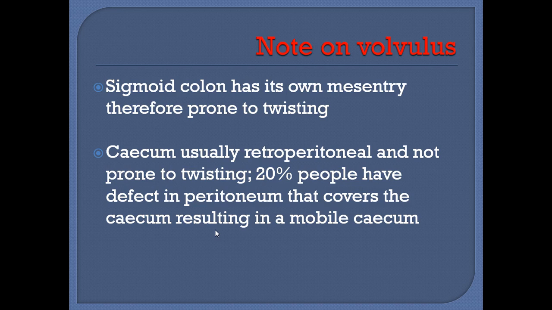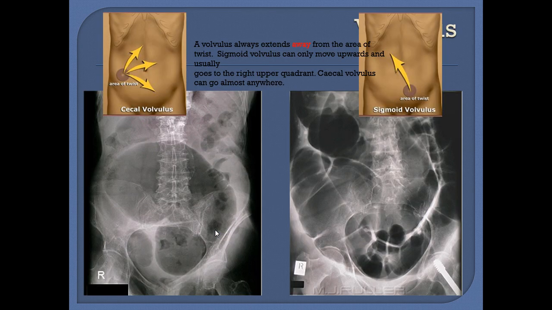The cecum is usually retroperitoneal and not prone to twisting, but 20% of people have a defect in the peritoneum that covers the cecum, resulting in a mobile cecum. So we can have cecal volvulus and we can have sigmoid volvulus.